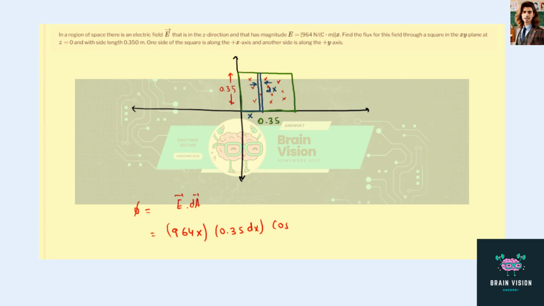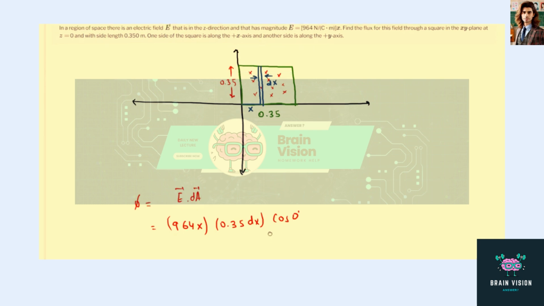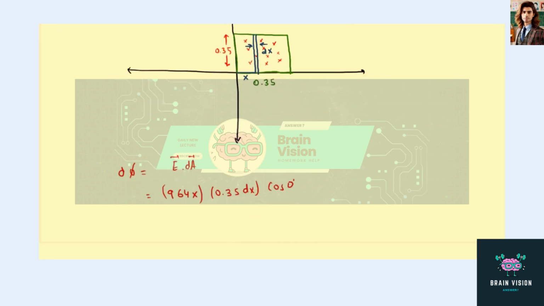So the angle can either be 0 or 180, but it doesn't really matter because cos 0 is 1 and cos 180 is -1, and we are more interested in the magnitude, so we are going to place it as cos 0. All right, so this is the elemental flux.